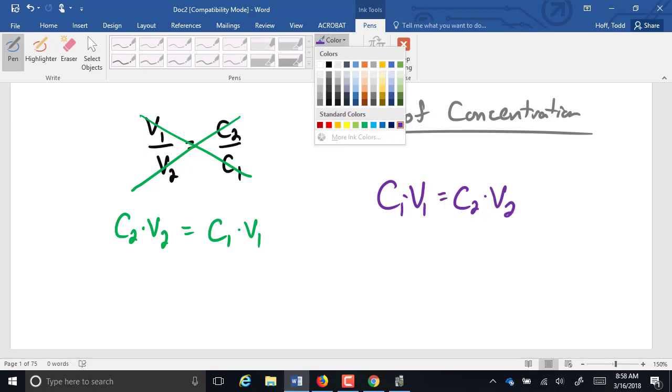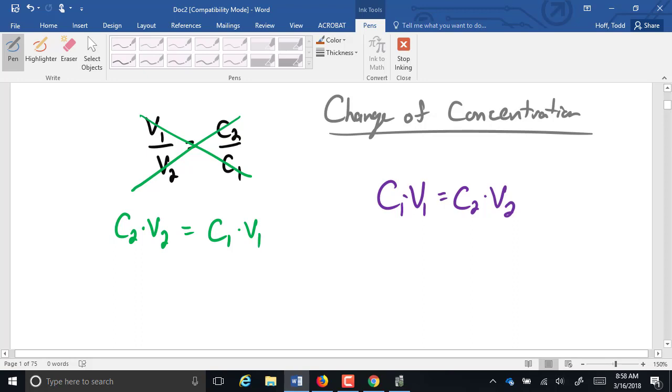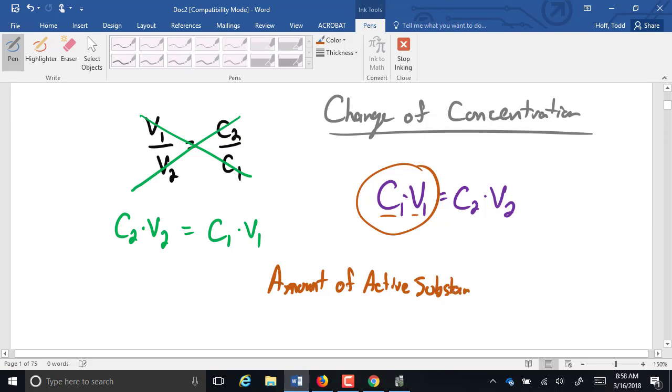Now if you look at this formula, it makes sense because, if you remember back to our solution mixtures, the amount of active substance is equal to the concentration times the volume.